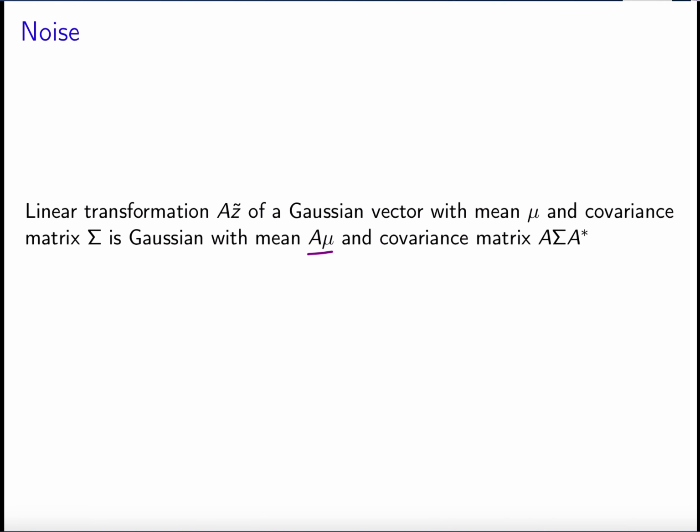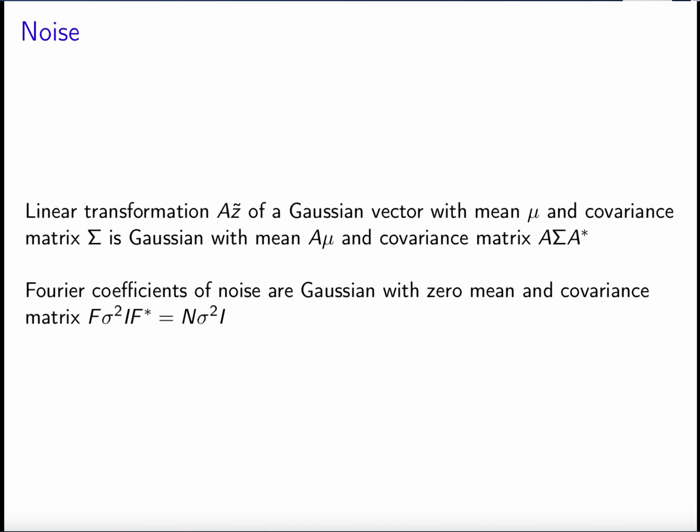And a covariance matrix, which is the same covariance matrix, but with this linear transformation applied on the left and on the right. When that linear transformation is the DFT matrix, we have this factor of n, because remember that the inverse of the DFT matrix is 1 over n times the adjoint. But essentially, the Gaussian coefficients remain IID, because this is going to be a diagonal matrix.